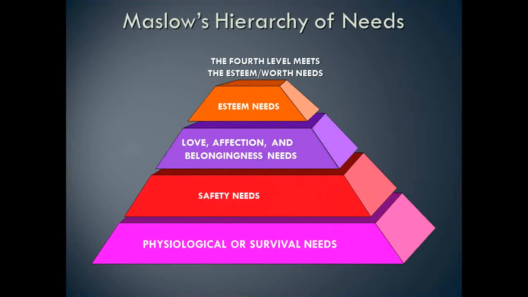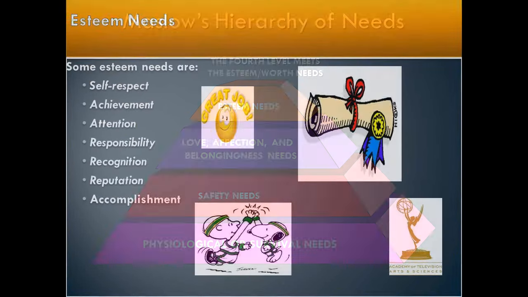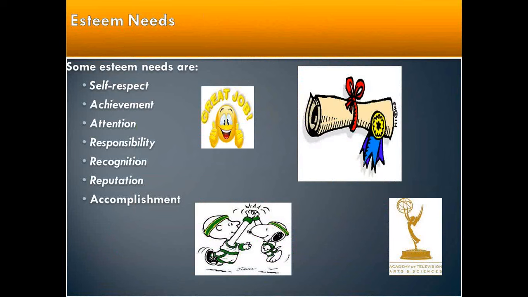The fourth level meets the esteem or their self-worth needs. Once a person feels a sense of belonging, they then need to feel valued. Esteem needs may be classified as internal or external.